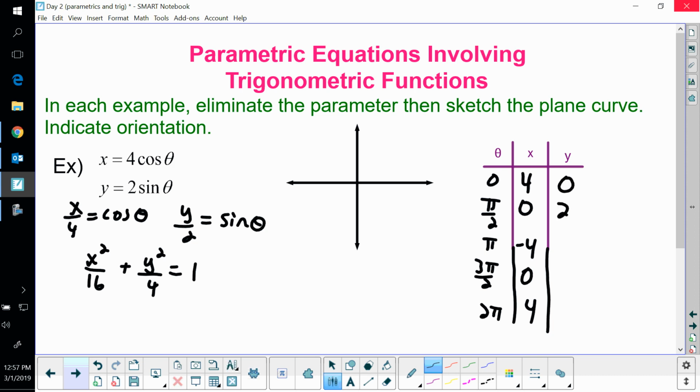We'll have 0, 2, 0, negative 2, and back to 0. So we're starting out at 4, 0. Then we've got 0, 2, and goes around, so that gives us our orientation for us to put our arrows on.